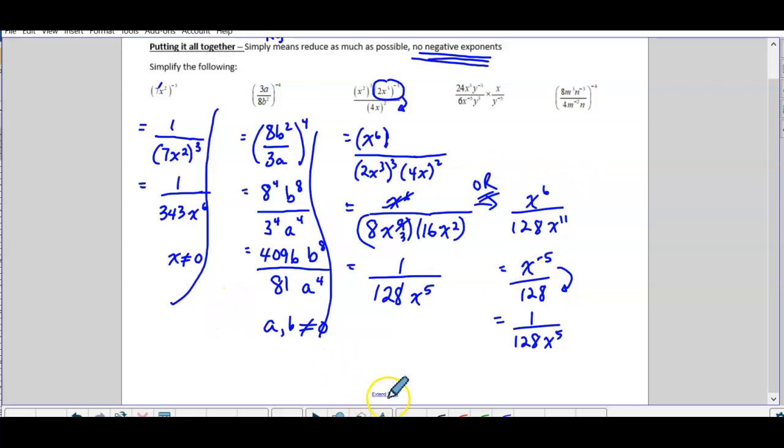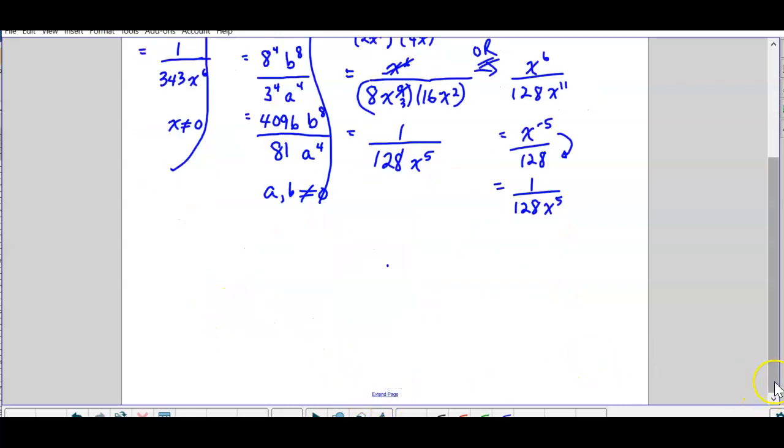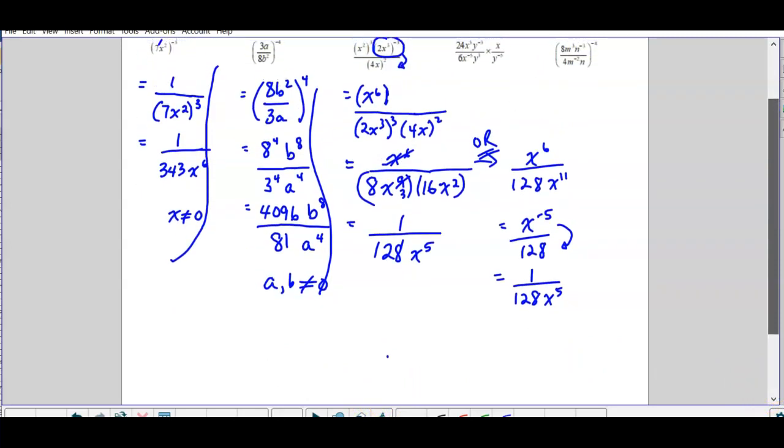Okay. Next one. Okay, so what are we doing here? We've got two fractions, x's in both numerator and denominator, and y. So I'm going to simplify this as much as I can. Nothing to simplify within that. So I'm going to just rewrite this.